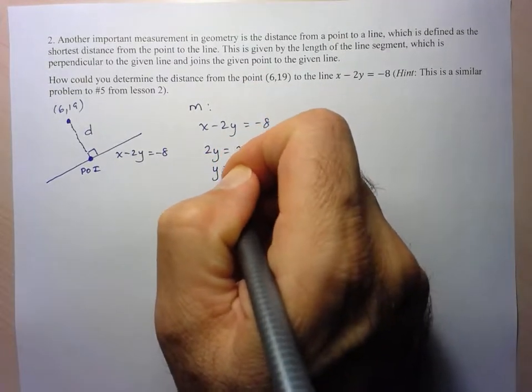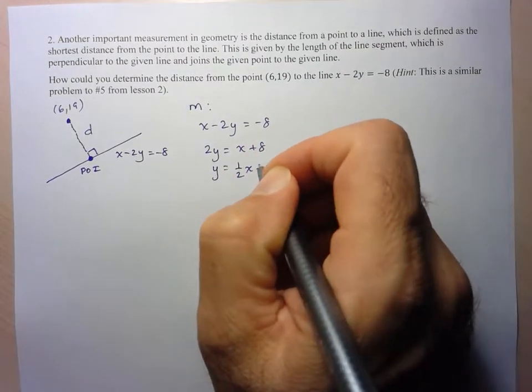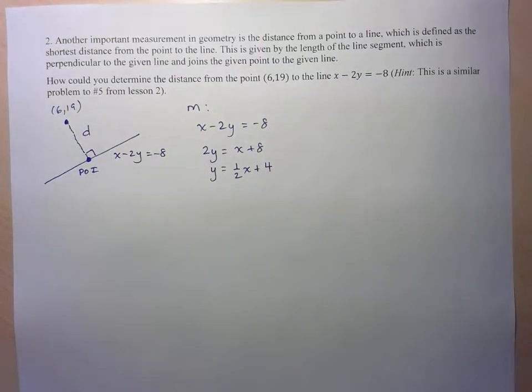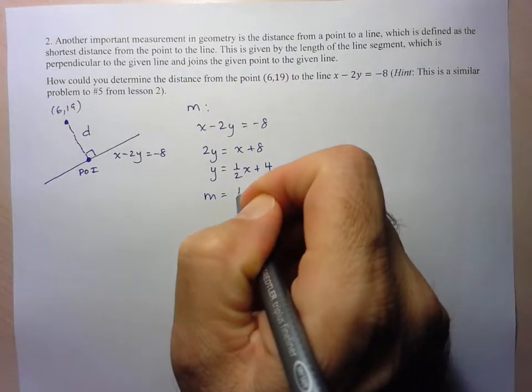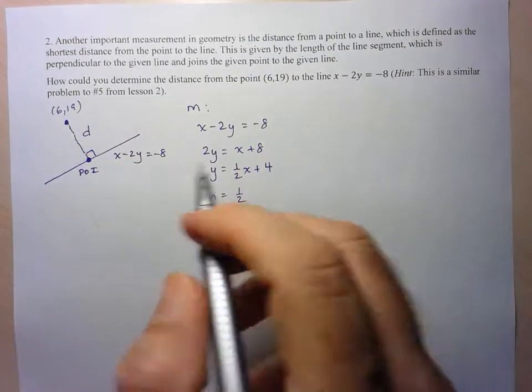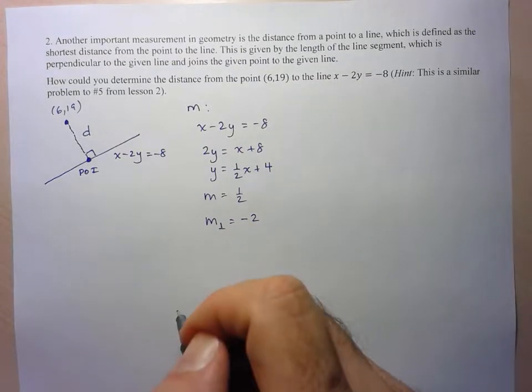Now just divide both sides by 2, so we have y equals 1/2 x plus 4. So now we know that the slope is just 1/2, and we need the perpendicular slope, which is the negative reciprocal, so -2/1 or -2.